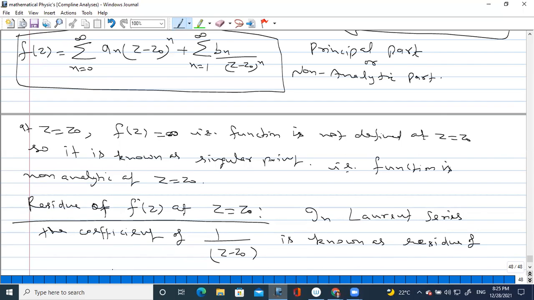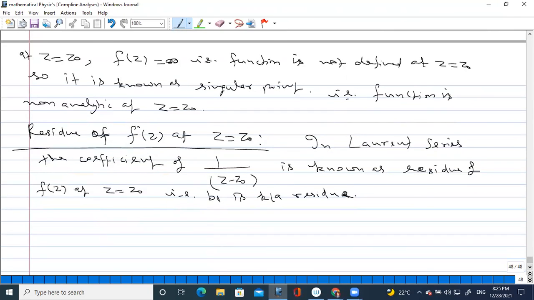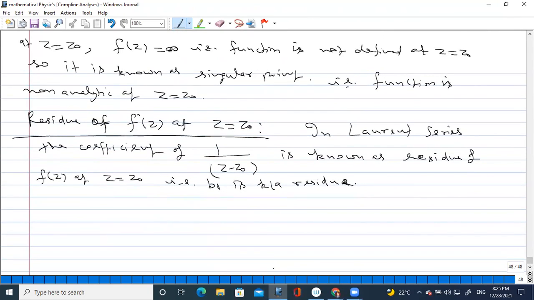Residue of f(z) at z equals z0. Here the coefficient is b1. That is, b1 is known as residue. Very simple. You can take it directly.